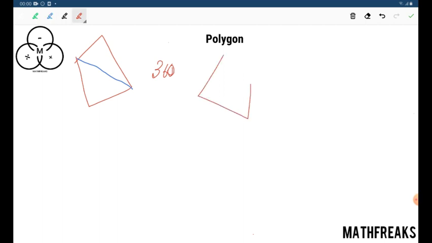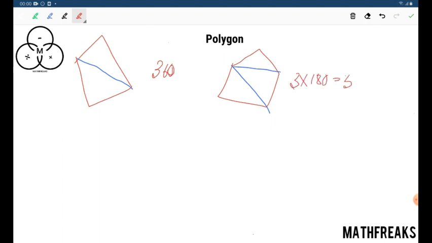Now what happens in a pentagon? A pentagon can be visualized as 3 triangles, 1, 2, 3. So the sum of angles is 3 into 180, 540.